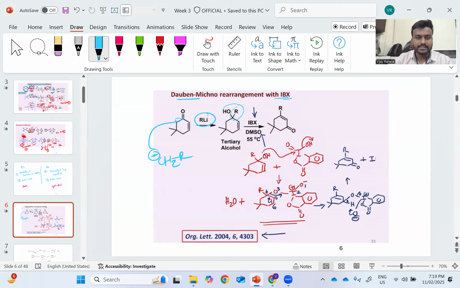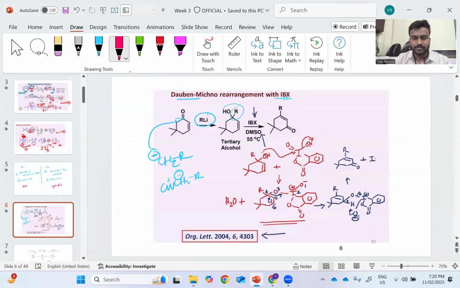If we add the copper salt, the nucleophile will be converted into the copper salt, Cu plus, and this CH2R minus becomes a soft center, which attacks the 1,4 position, that is the fourth position. But right now we are using the R lithium, which is a hard base, so it attacks the second position, the carbonyl carbon, and converts into the tertiary alcohol.